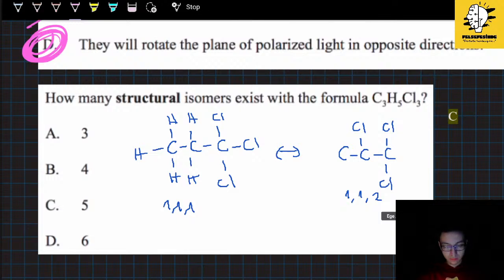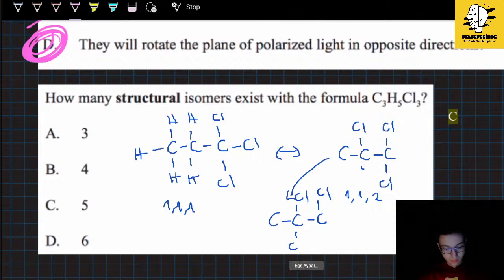It will be a different structure. I will not draw all of them, but I wanted you to see it. So we can also write it this way: 1, 2, 1. 1, 2, 2. Let me write it, guys. Cl, Cl, and Cl here as well.